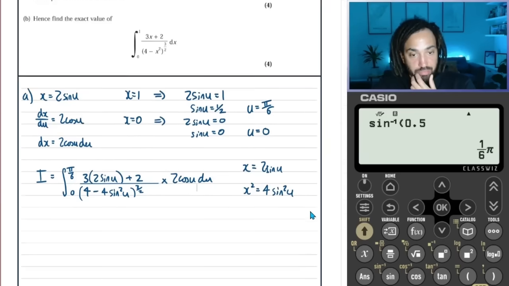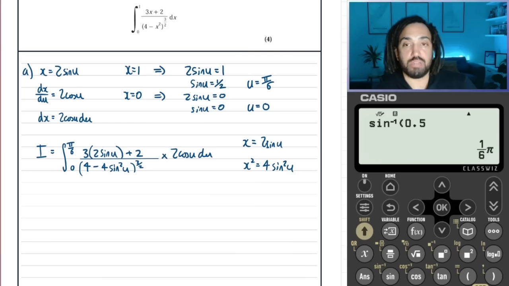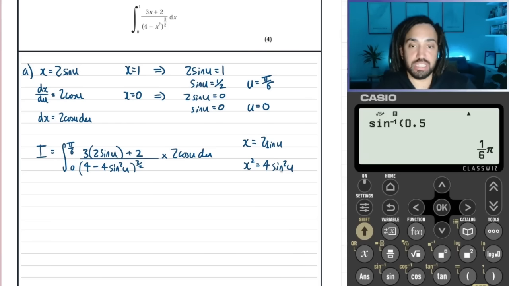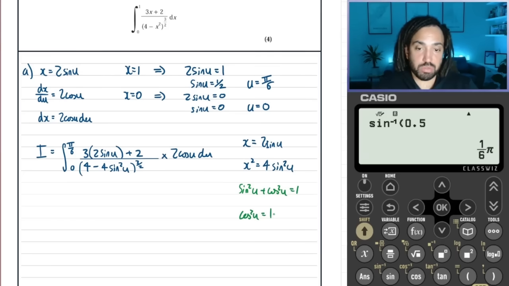Okay, great. Now, let's look at this denominator. Because we know, of course, our most important trig identity is sine squared plus cos squared is equal to 1. So we can say that cos squared u is equal to 1 minus sine squared u.